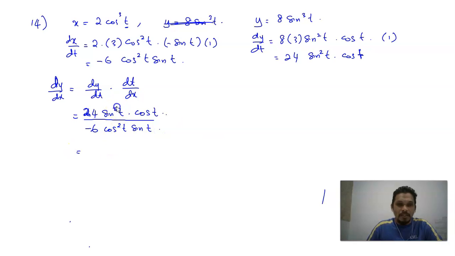Sine squared divided by sine, cos divided by cos squared. 24 divided by negative 6 is negative 4, and sine over cos is tangent t. So dy/dx equals negative 4 tan t.